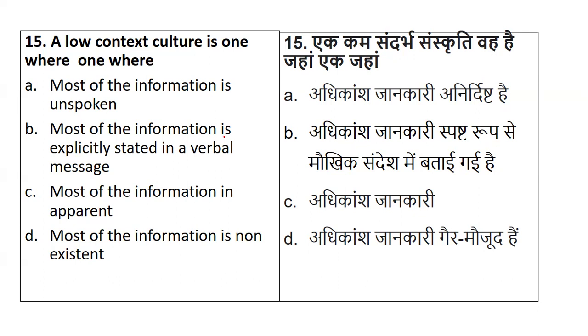So let me explain what exactly you mean by low context culture and high context culture. There are two terms, okay? When we say low, in this culture people rely on spoken or written words to communicate.